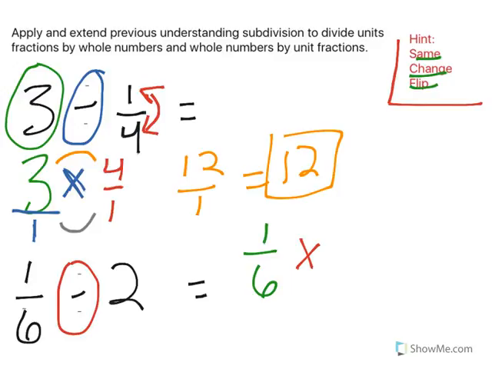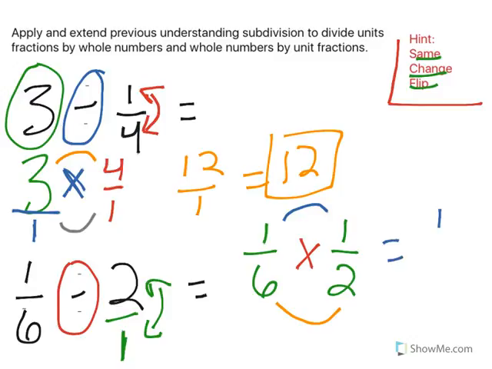You can make a whole number into a fraction by simply putting it over 1. So we flip these two to get 1/2. And then we multiply our denominator by denominator, our numerator by numerator, so bottom by bottom, top by top, to get our answer of 1/12.